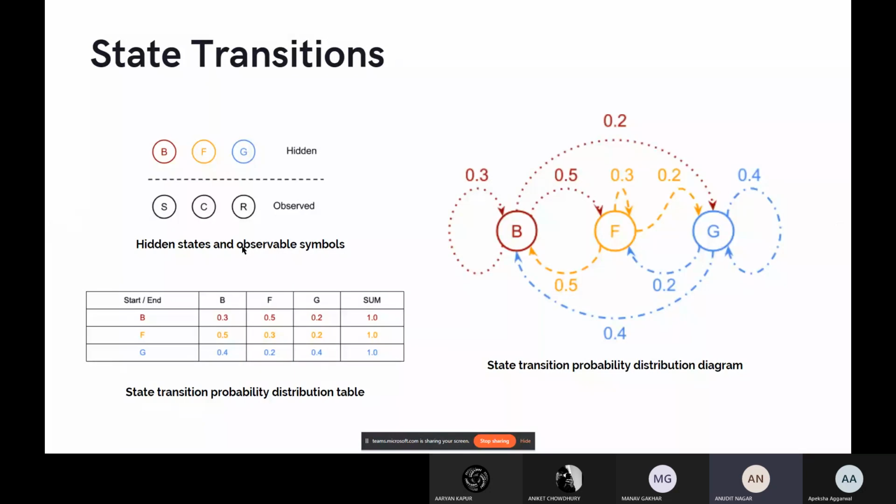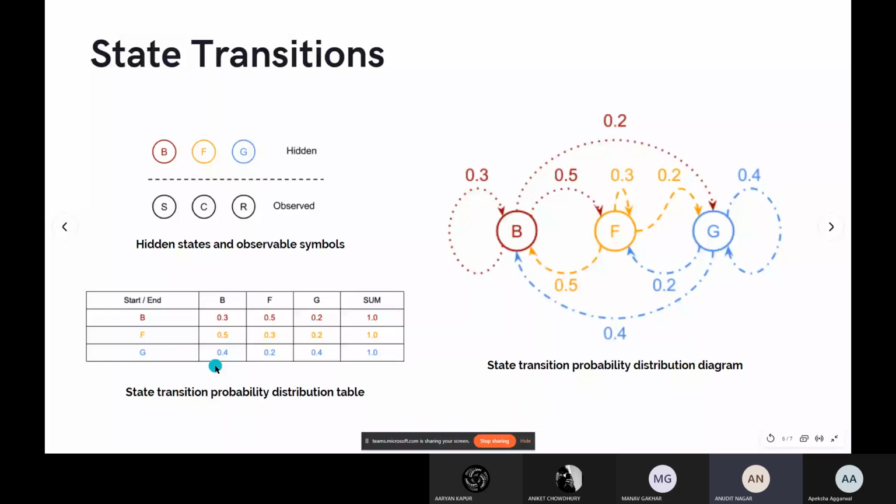We pick up all the hidden states and calculate the probabilities according to the sentences, whatever the task at hand is. So we calculate the probability of getting B after we've gotten B, the probability of getting B after we've gotten F. Similarly, we build the entire probability table.